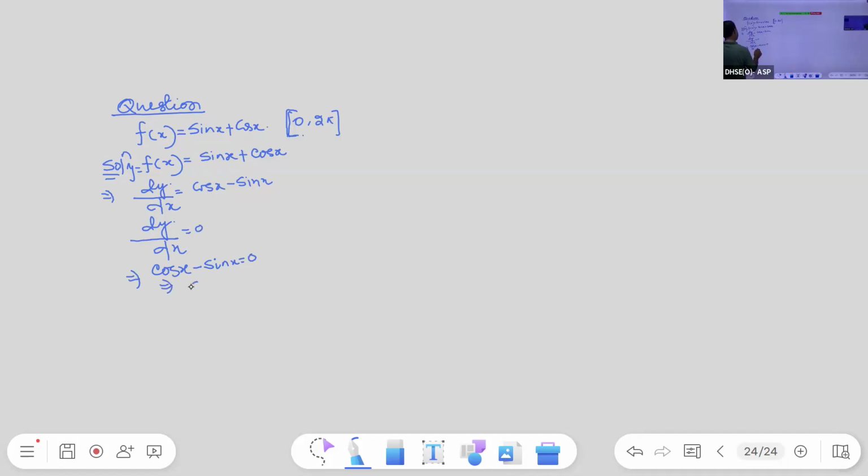This implies sin x is equal to cos x. This implies tan x is equal to 1. This implies x is equal to pi by 4 or x is equal to 5 pi by 4. These are the two critical points. Either x is equal to pi by 4 or x is equal to 5 pi by 4. These are the critical points.